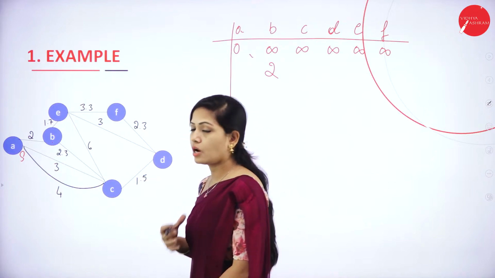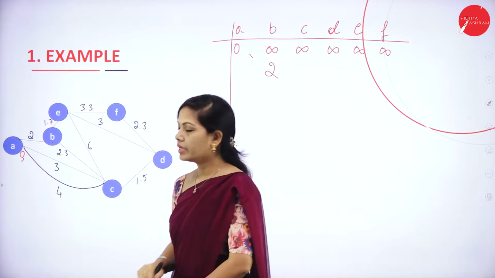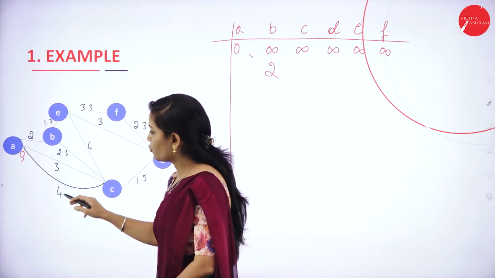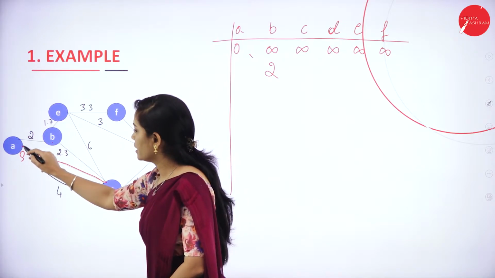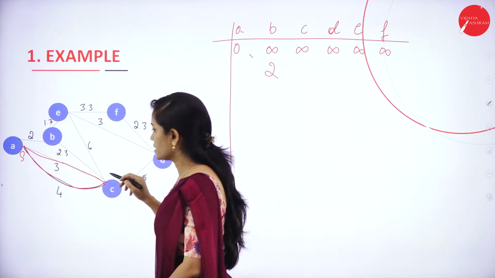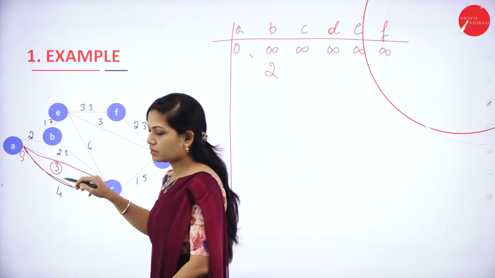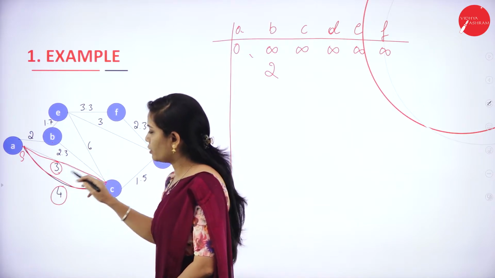Why is it twice? How to apply A to C twice? Here you just observe the edge values 3 and 4. A is connected to C and A is connected to C. A to C edge value is 3, A to C edge value is 4.